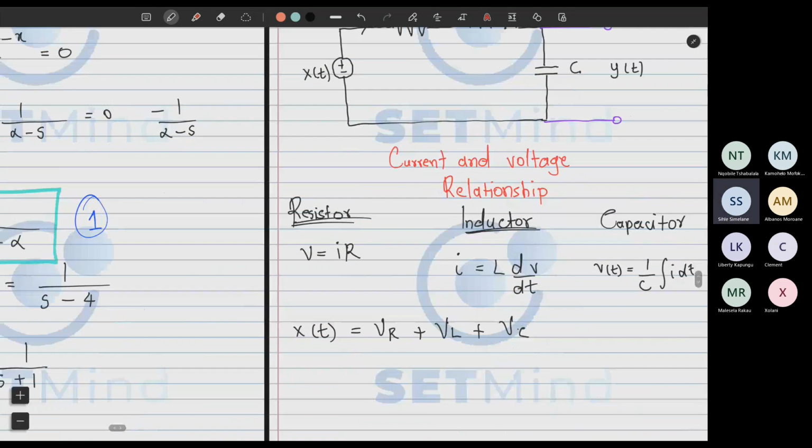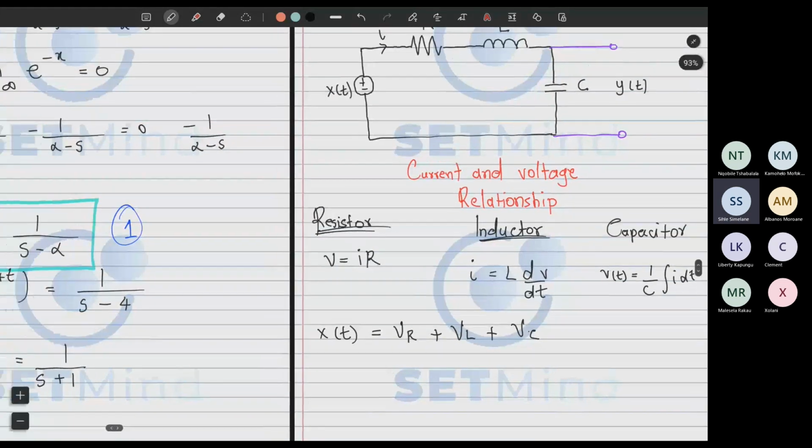Right? Nothing scary. And what we now need to do is to say, how can we express the voltage across a resistor and put it here? How can we express the voltage across a capacitor and put it here? That's what we are trying to find out now. How can we put these in here?